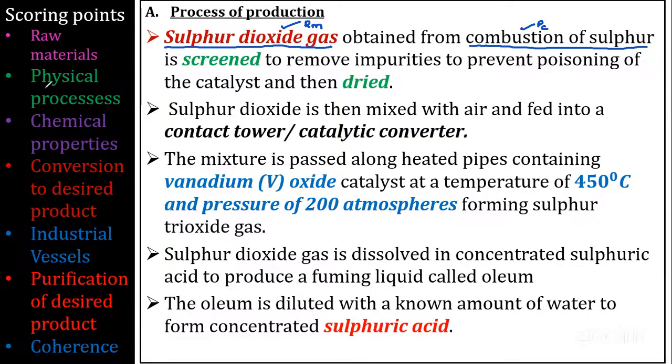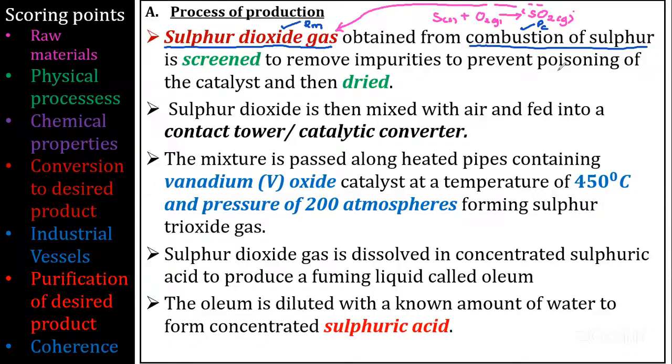Actually, it can be represented by an equation, which says that if you have sulfur, which is a solid, and you burn it in oxygen, which is a gas, you get sulfur dioxide gas. So it is this gas that we use as the main raw material in manufacture of sulfuric acid.